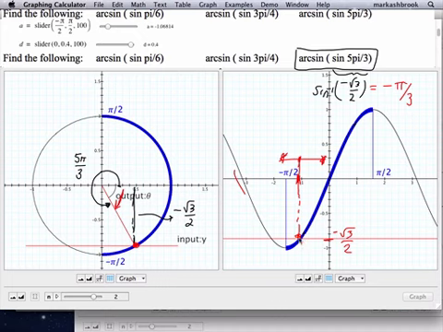So there's our input, and so we look here. Where does it hit our blue graph? It hits it right here. So the output of arcsine will be the x value that will give us that vertical distance. So the x value is right here, and this is our angle, negative pi over 3.